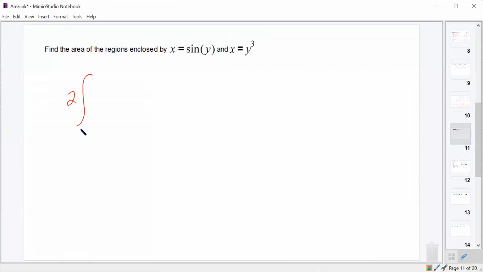So we're going to do 2 times the integral from 0 to whatever that value we get of sine of y minus y cubed dy. And on our actual graphing calculator, how are we going to figure out where those intersect? We want to know when sine of y equals y cubed, so we can just plug those in as sine of x and x cubed.